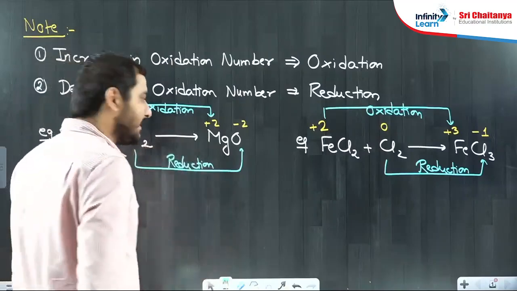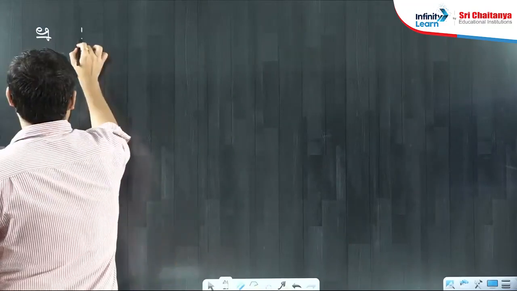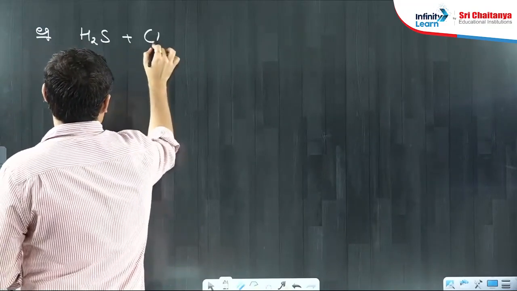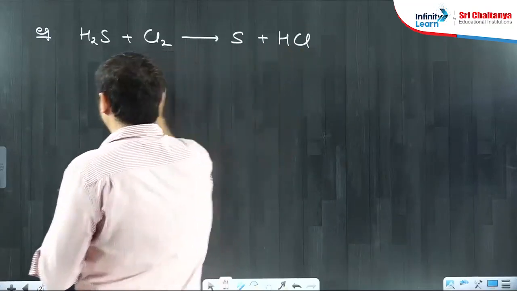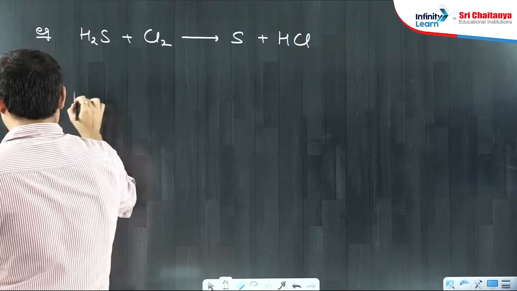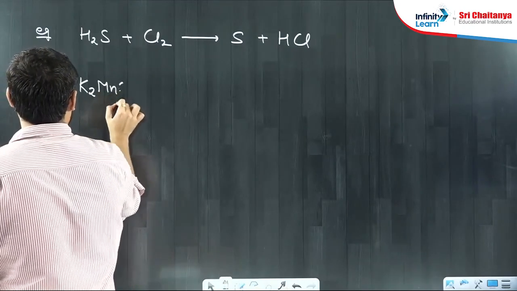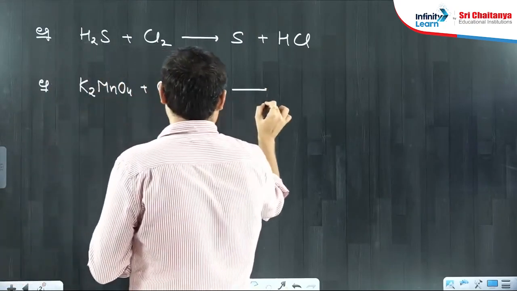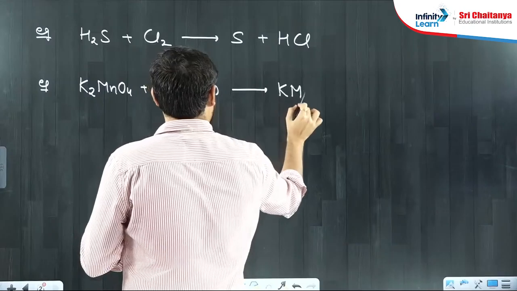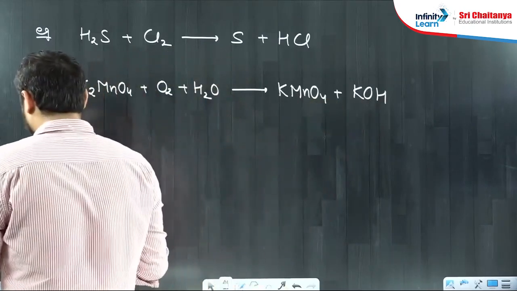Clear? Now write down the next. Next 2-3 examples I am writing. You have to tell which species is getting oxidized and which is getting reduced. H2S plus Cl2 gives sulfur plus HCl. Next example is K2MnO4 plus O2 plus H2O gives KMnO4 plus KOH.